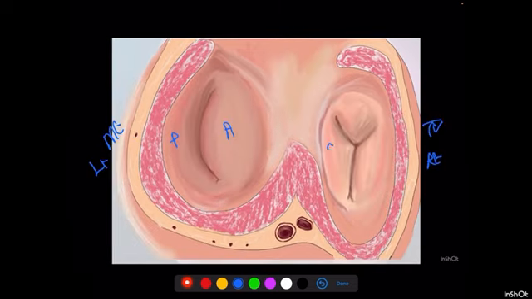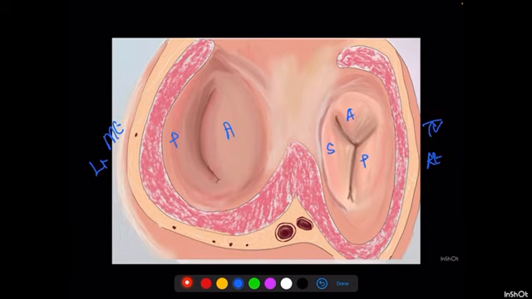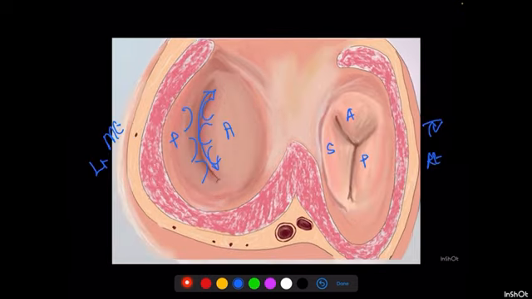This is called septal cusp, which is close to the septum, anterior cusp and the posterior cusp. In real life, you may not have smooth curvature. You may have scallops on both sides. The valve edge may have scallops.